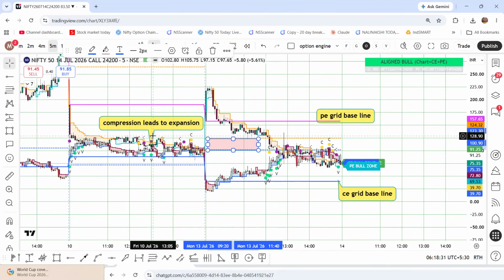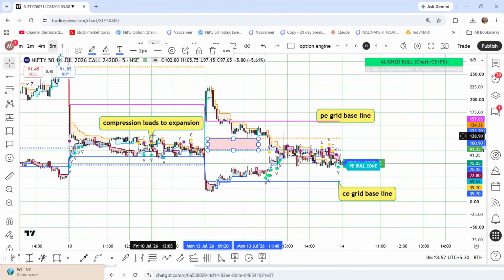We just spend our time looking for the compression. Of course, we look for the compression on the equity underlying. That is the concept, coiling leading to expansion. But all these days, I used to watch for compression.